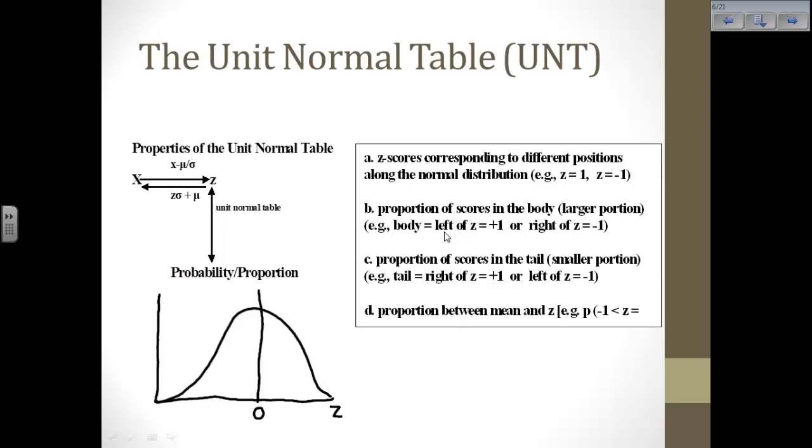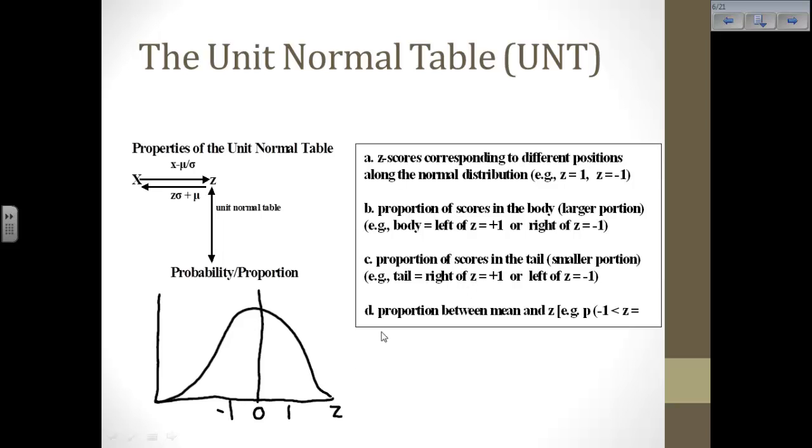Proportions in the body, so to the left of z equals +1. So just for example, if we had 1 and -1. To the left of z equals +1, so this would all be a body, it's a larger section. Or to the right of z equals -1, so all of this would be a body as well. Then proportion of scores in the tail.